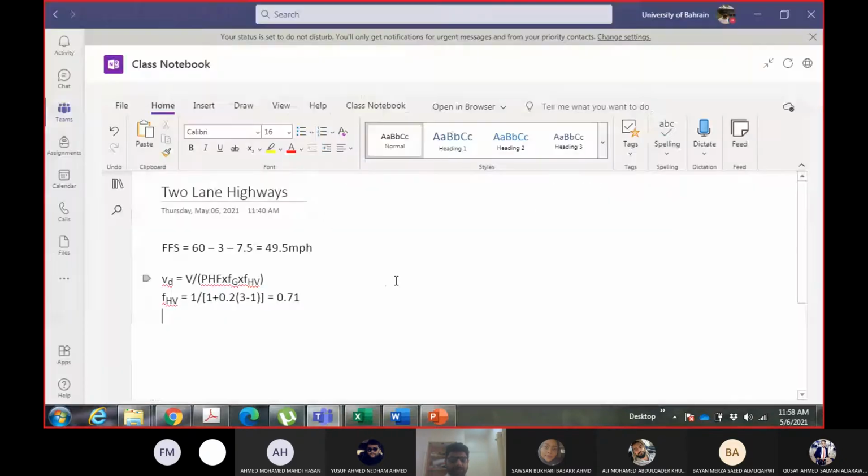So I will have FG1 for ATS. Let me do the interpolation.